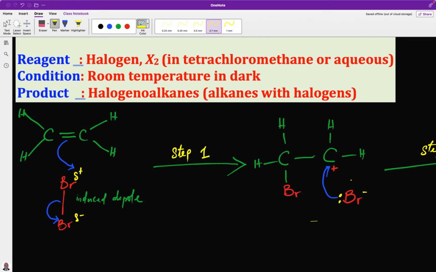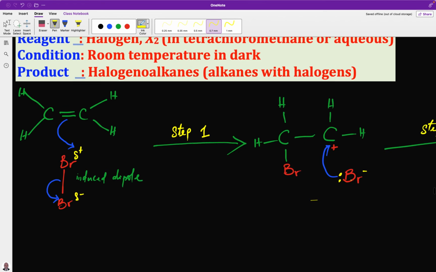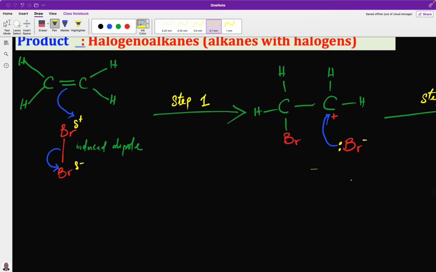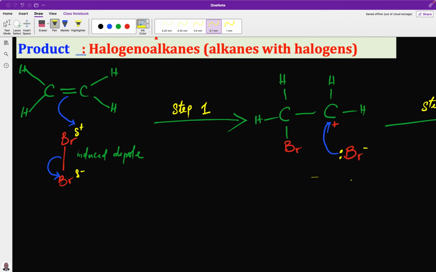We can summarize this. You can still summarize this mechanism with an equation like this one.